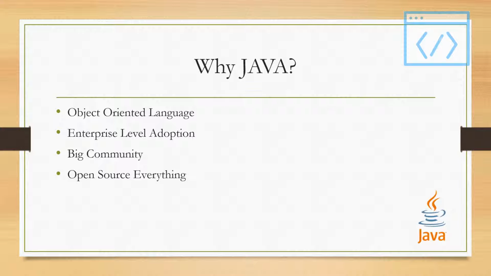Now the last point is not entirely true. Not everything's open source, but most of Java is. So you will find an open source alternative for almost anything that is paid, especially in Java. Again, big community, so there are many more choices available, and that's what sometimes makes Java a hard language to adopt and optimize for your particular problem, like with various libraries.